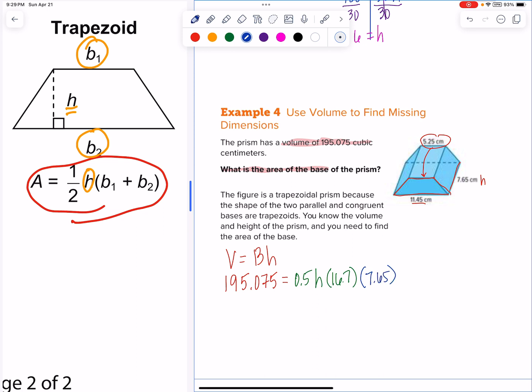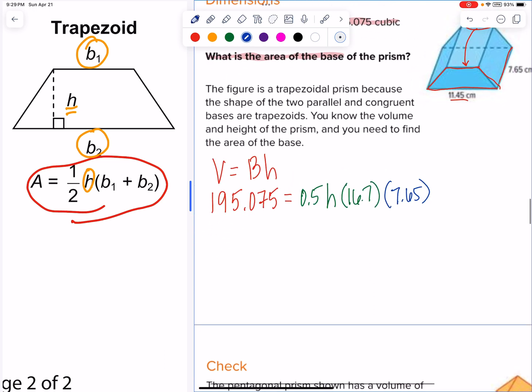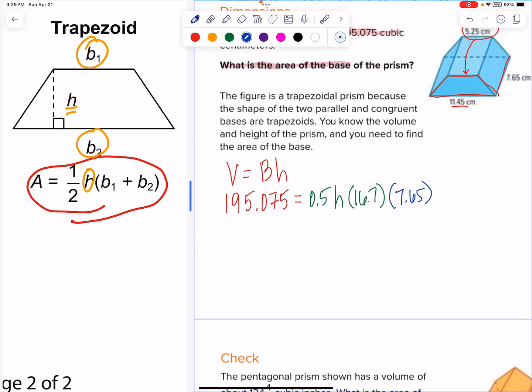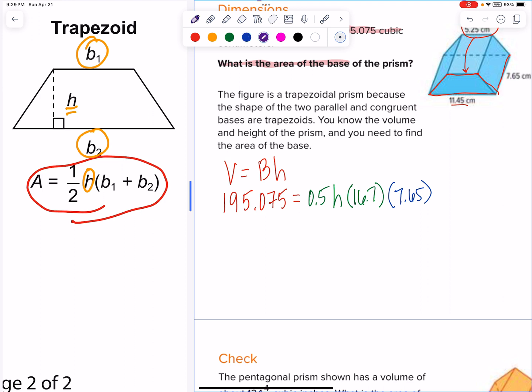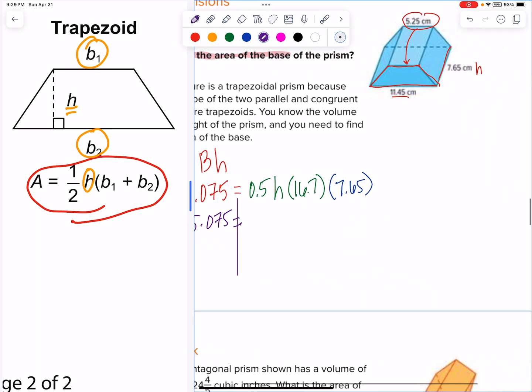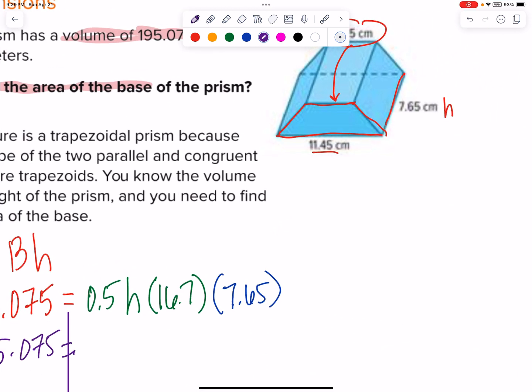So you can see how I break that down to sort of take my time with it. Let's do all the multiplication that we can do, so that we're just left with a number multiplied by h. I'm going to separate my workspace here, and we're going to end up with 195.075 equals, and let's multiply all this together.